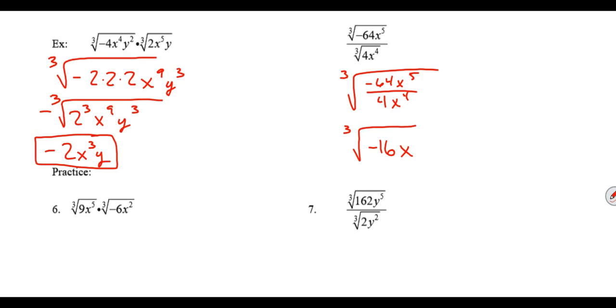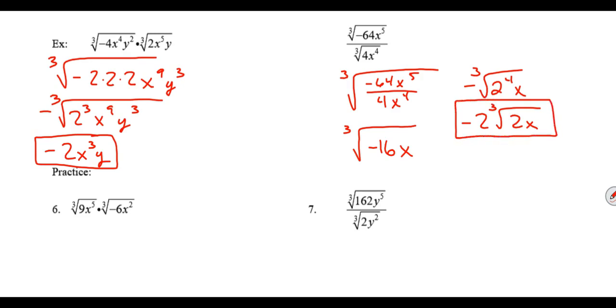Well, 16 is 2 to the 4th power, so I'm left with negative 3rd root of 2 to the 4th x, so that's negative 2 times the 3rd root of 2x. And there's our simplification with division, right? Just go ahead and divide the numbers if you can. That makes them smaller. Here you can multiply them together, you get 8. Know that 8 is just 2 to the 3rd.